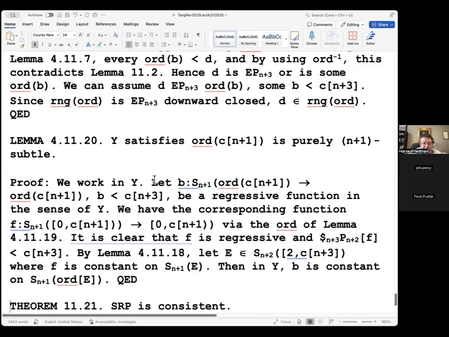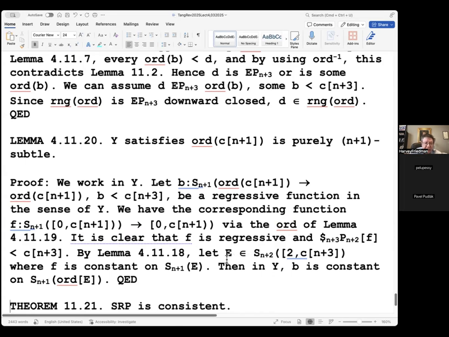And we work in the structure and we assume that we have a mapping internally in the structure that's a regressive function in the sense of Y, and then we shift it back into actual points inside W using the ordinal map. We push it back into points, sort of like ord inverse. And then, in the sense of W, it's regressive and defined.